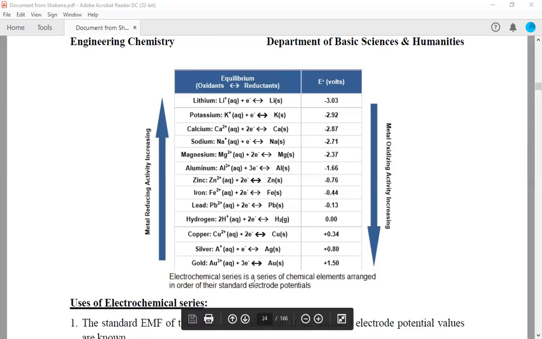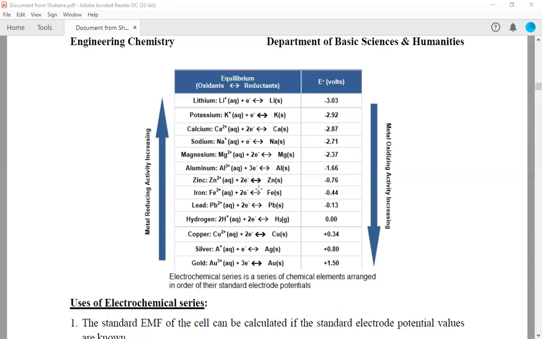This electrochemical series gives the information on relative corrosion tendency of metals and alloys. That means which metal will corrode easily and which metal is being protected.